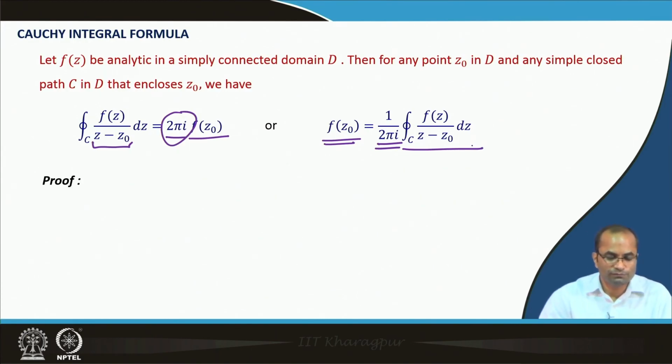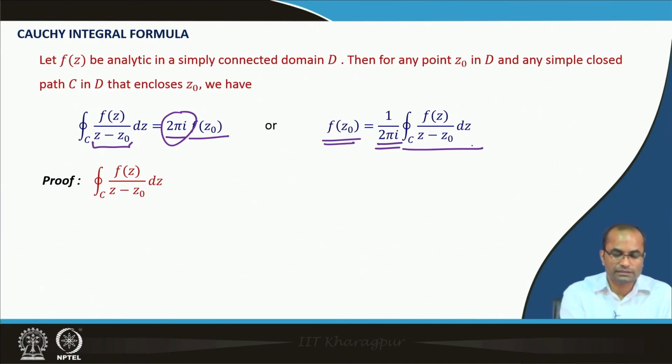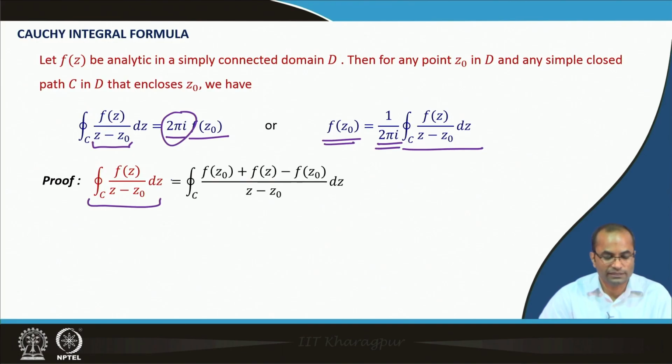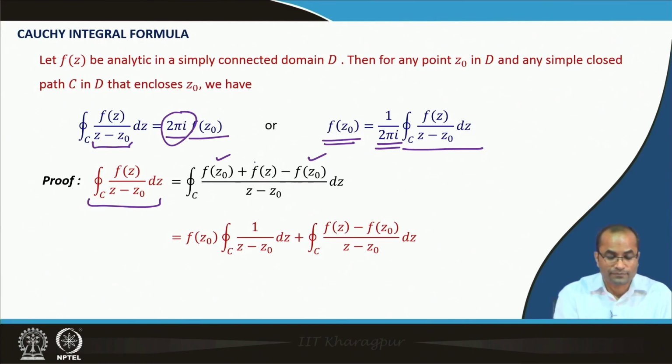So, going to the quick proof of this, we can consider this integral of f(z) over z minus z0 dz, and then we add the term f(z0) and subtract f(z0). Again we have f(z) over z minus z0, and we can write it as, for the first term, f(z0) times 1 over z minus z0, and for the second, f(z) minus f(z0) over z minus z0.